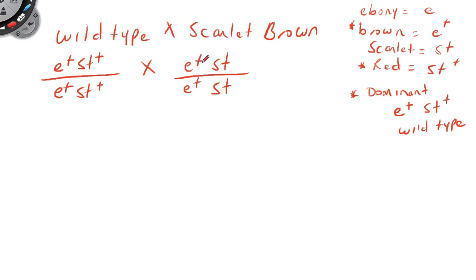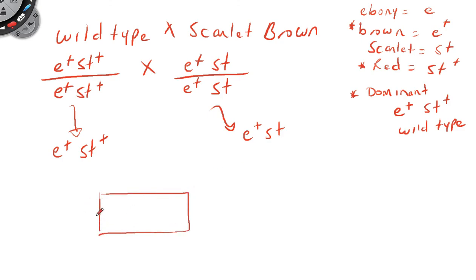What would you get? So you can do the 2x2 Punnett square again, right? Or you can just say, well, this will give me 1 possible gamete, and this will give me 1 possible gamete. So then 100% of my population will look like this.